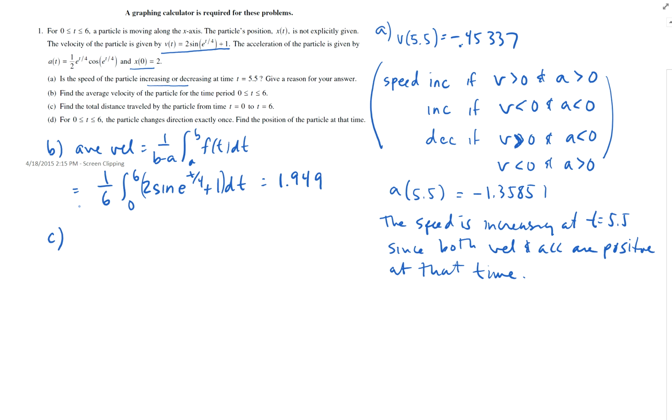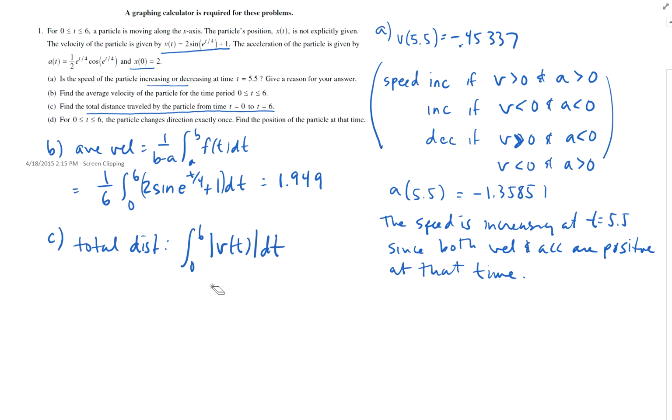C. Total distance traveled by the particle. Okay, so total distance is the integral from 0 to 6 of the absolute value of v of t dt, and you can plug that in your calculator, just ABS, absolute value, and then whatever the function is, the velocity function.